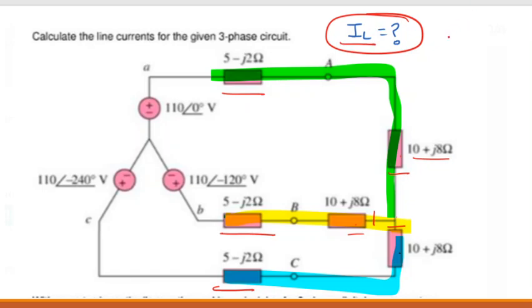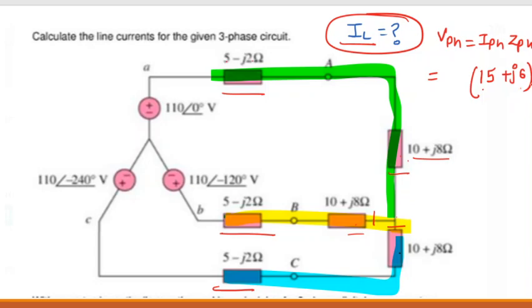So let's do according to our formulas. As you know, the formula is VPH is equal to IPH multiplied by ZPH, right? So ZPH is how much? If I add it, it's a balance: 5 plus 10, 15, and minus J2 plus J8 means plus J6, right?